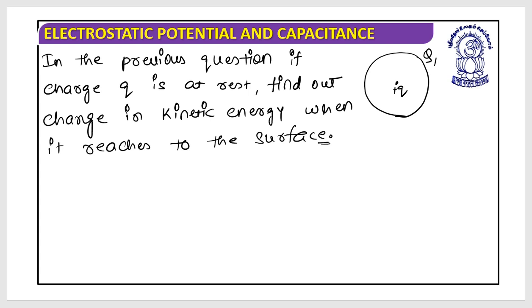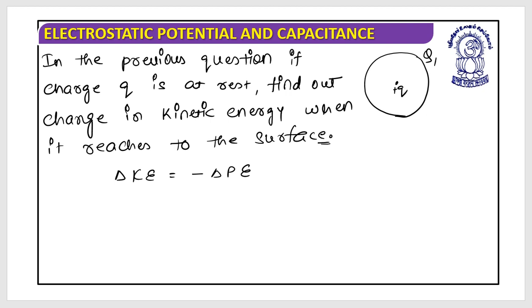So what I should know is that the change in kinetic energy is equal to the negative of the change in potential energy. It is the same thing: change in kinetic energy plus change in potential energy is equal to 0. This is the same total energy conservation, nothing more than that.